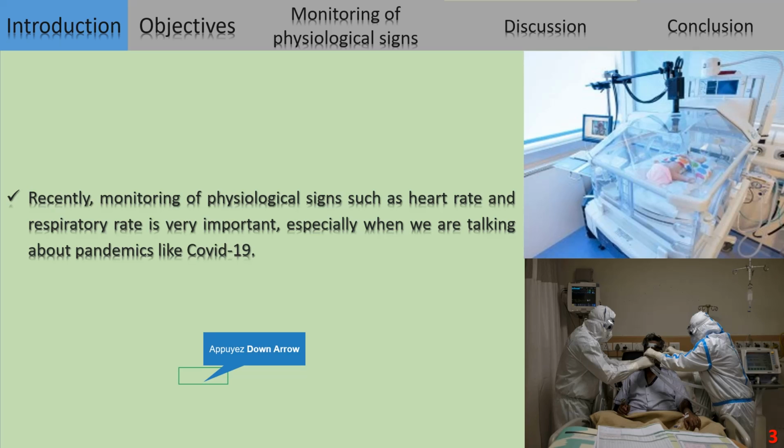Recently, monitoring of physiological signs such as heart rate and respiratory rate is very important, especially when we are talking about pandemics like Covid-19. In this presentation, we will show the different techniques used for heart rate and respiratory rate extraction.